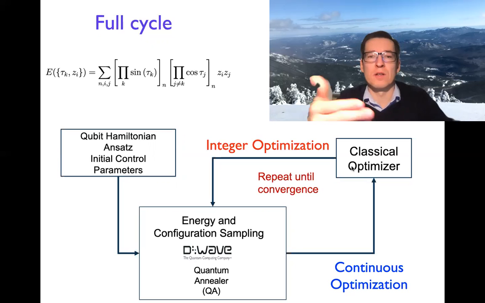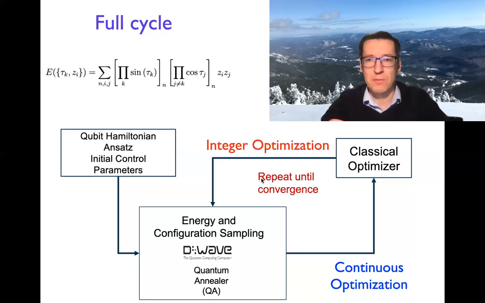And then once it's optimized, this function of continuous variables, we do the integer optimization using D-Wave by finding the lowest eigenstates of the Hamiltonian that we prepare out of the function. So that allows us to fix at optimal values the discrete variables and optimize again the continuous part.